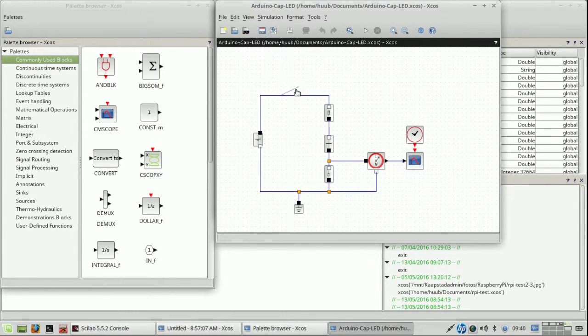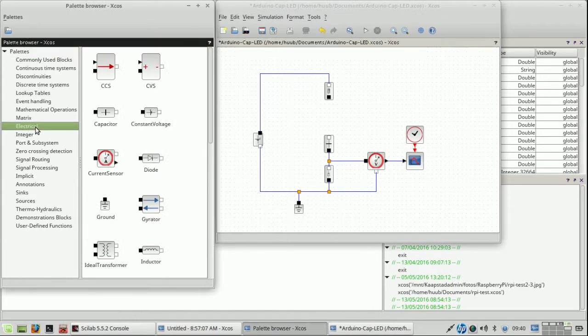So no, I can't do that. That's one thing. Shifting this, and let's put the inductor here, electrical, and this is an inductor.